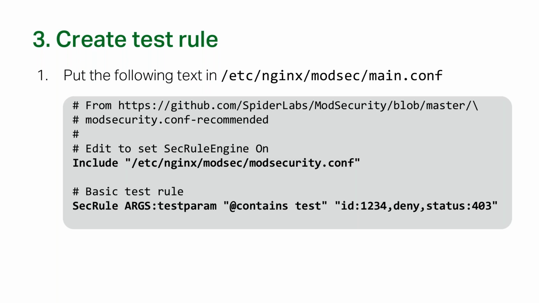This test rule is the last line in this configuration. It's a security rule that runs against the arguments, so the query string or form parameters. It's going to run against an argument called testparam, and if that argument has a value that contains the string test, then we're going to deny that request, returning with a status 403.